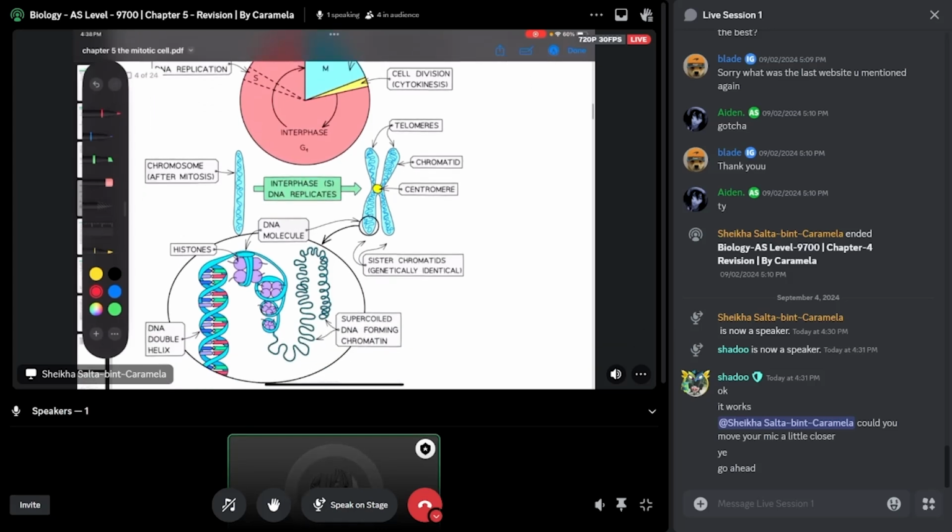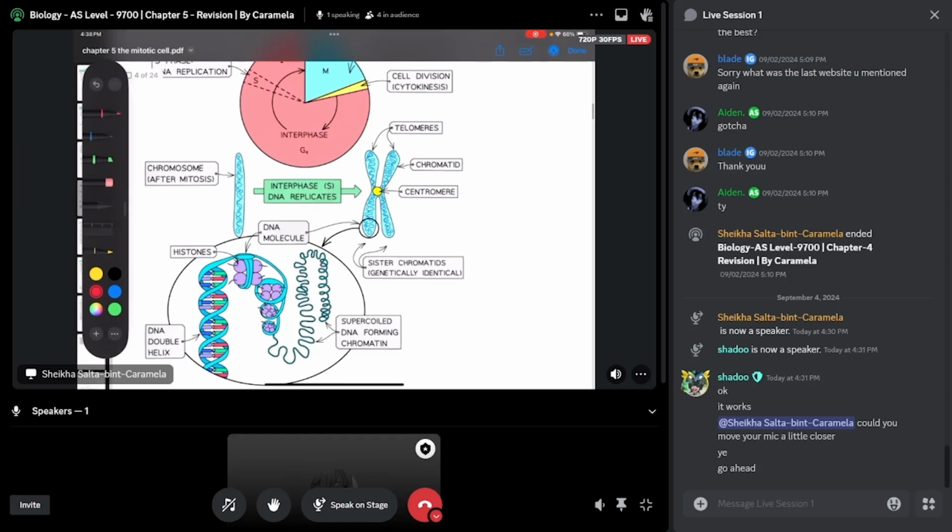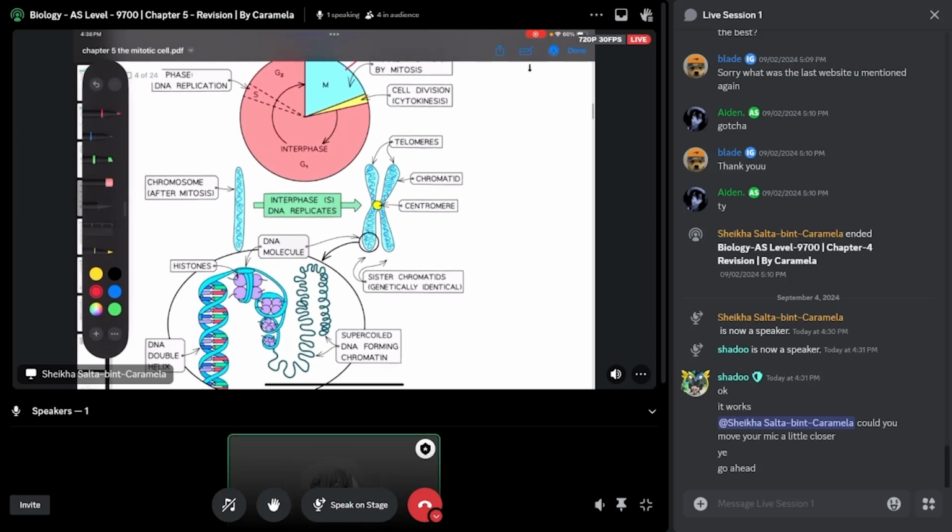In the G1 phase, it's the gap phase, and there's nothing really important happening here. However, the S phase is where DNA replication happens, and the centrosomes also replicate in this stage for your mitotic cell cycle.